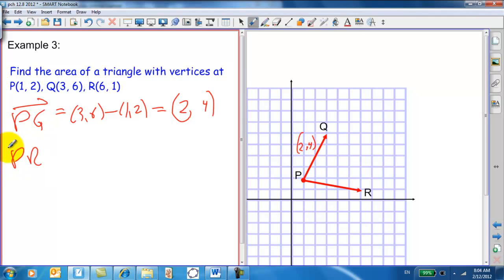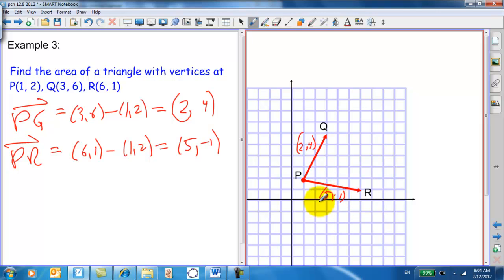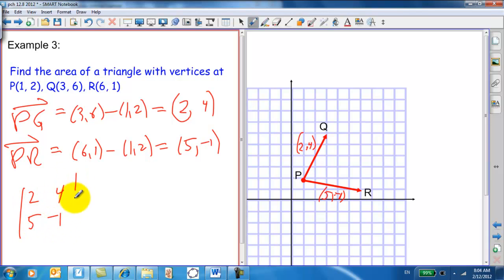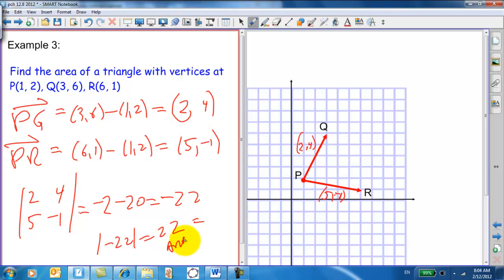Vector PR is going to be 6, 1 minus 1, 2, and that's 5, negative 1. Sure enough, over 5 and down 1. So when we put these 2, 4, and 5, negative 1 into a determinant, we get negative 2 minus 20, negative 22. The absolute value of negative 22 equals 22, and that equals the area of the parallelogram.